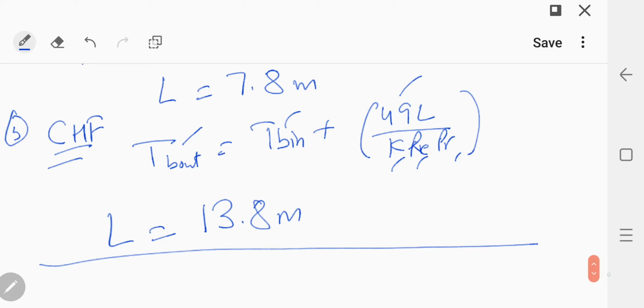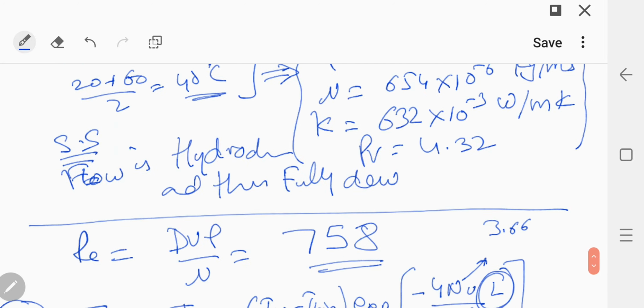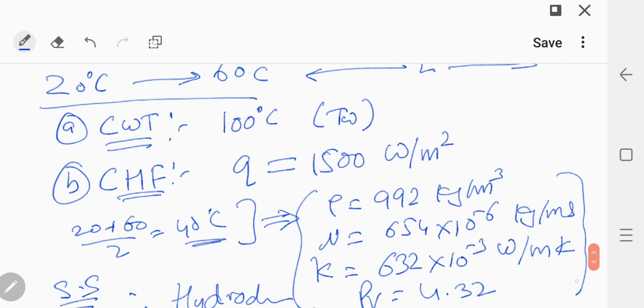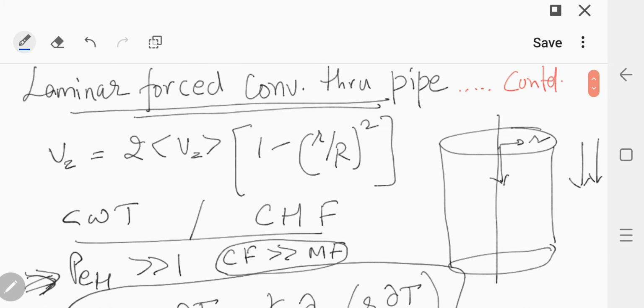Clear? So this is a very simple basic example dealing with heat flux and wall temperature conditions. So that finishes up the laminar flow of forced convection through a pipe. Thank you.